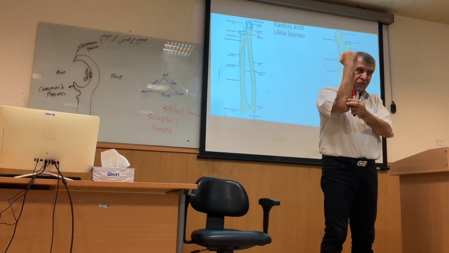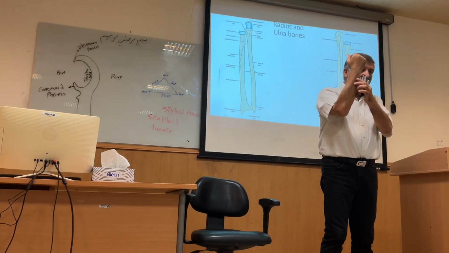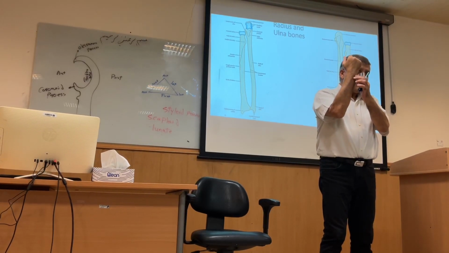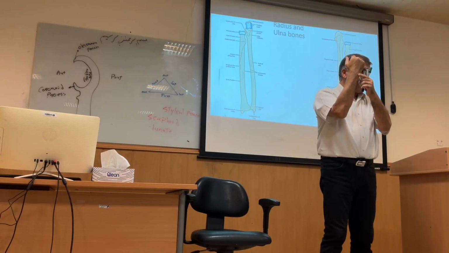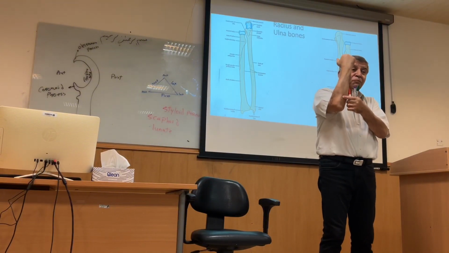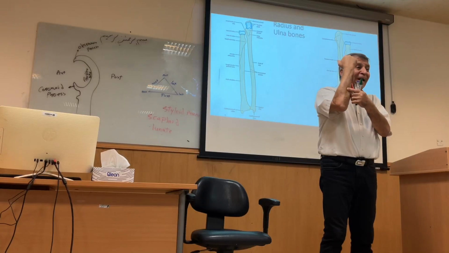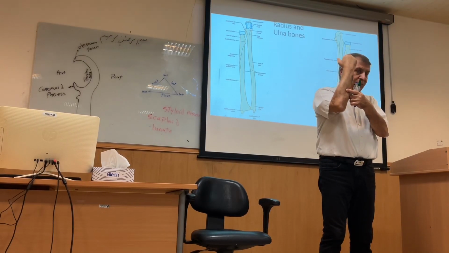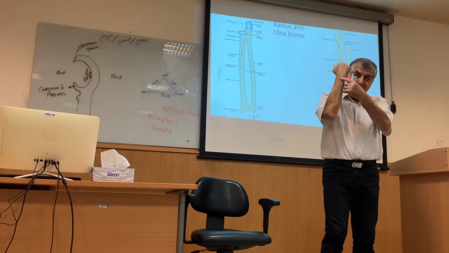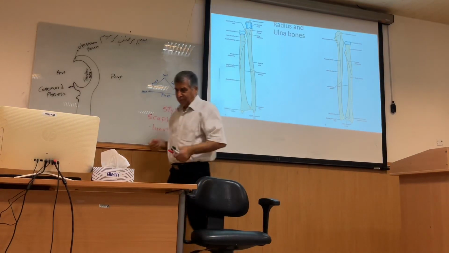You can touch the posterior border in all lengths of the ulna to reach this process. This border is very important because it's a landmark for diagnosis of fracture of the ulna. Fracture of the ulna is diagnosed by the posterior border.